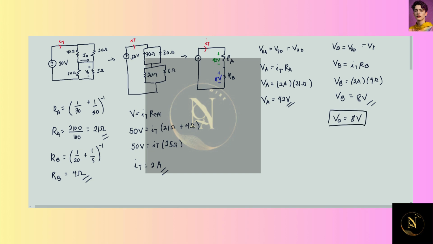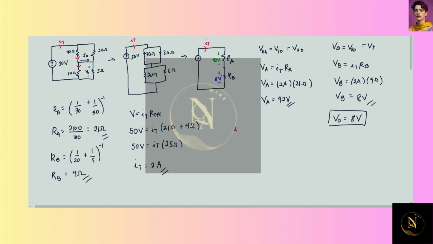Now to get I naught, we go back here in our initial circuit and we find that the current passing through the 70 ohm resistor gets split into I naught and the current passing through the 20 ohm resistor.